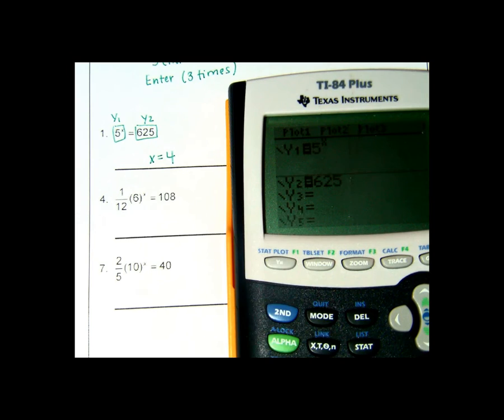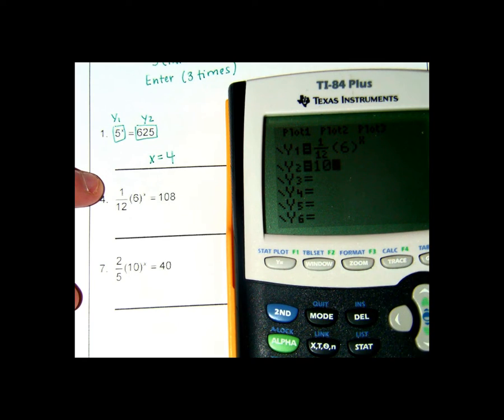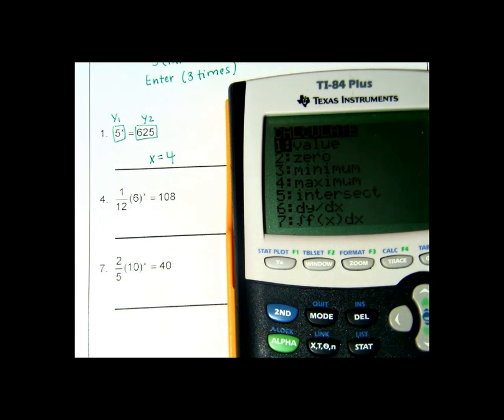Number 4. I'm going to go back to y equals. I'm going to clear it out. Alpha y equals, enter, 1 over 12. Type it in just like you see it. Sometimes the calculator will take away the parentheses because it knows it doesn't have to be there. If it takes them away, fine. Otherwise, you need to put them in all the time. Second, trace, 5.